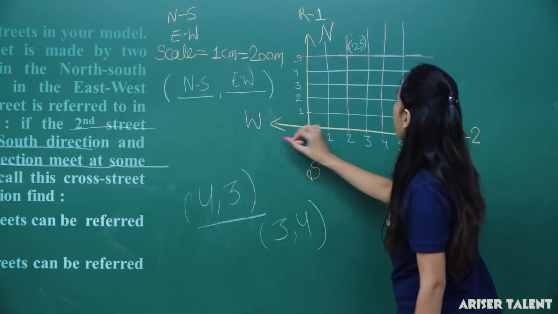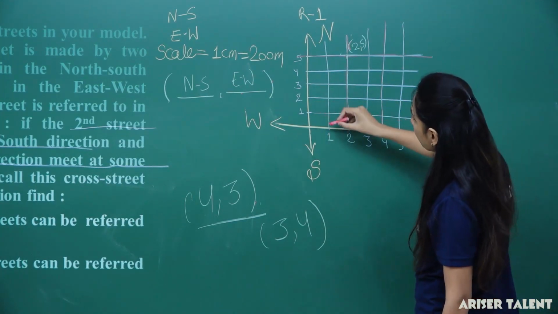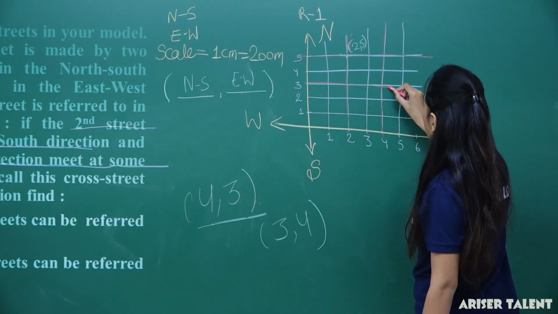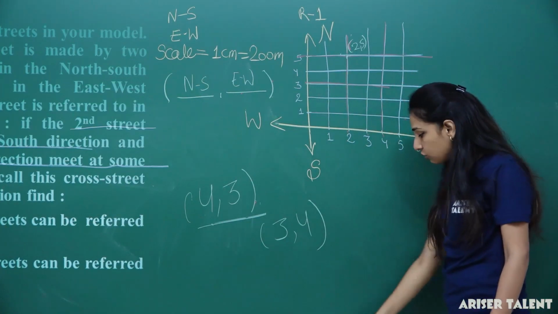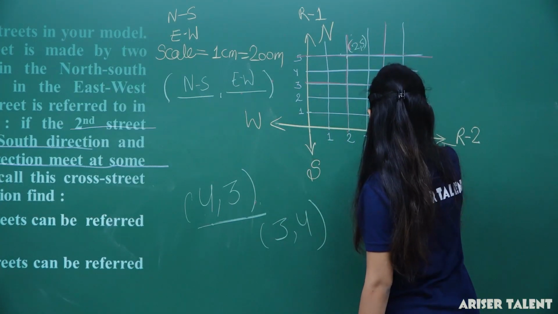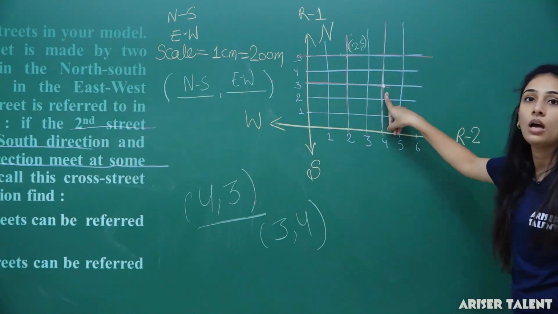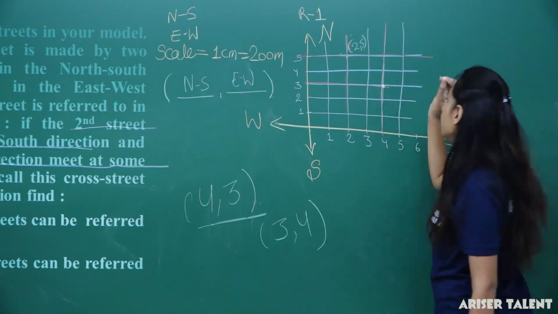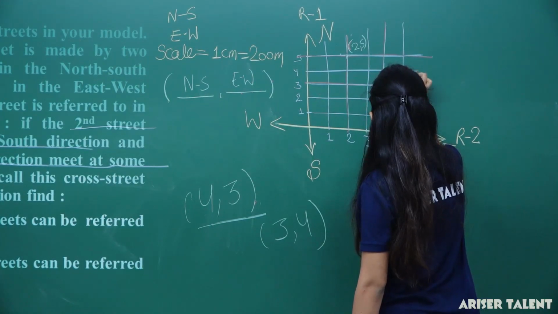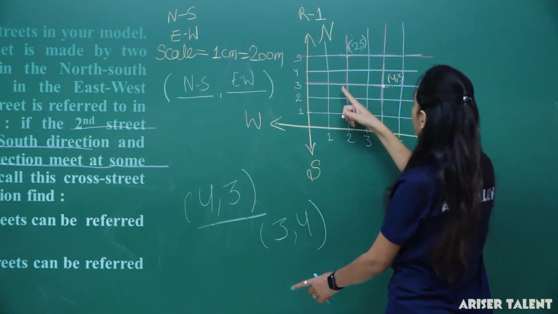East-west is this, and parallel to this are the streets, and I have the 3 number here: 1, 2, 3. If I cross these two, I have only one point common here, no other than that. That means it is unique, that is 4, 3, and there is no other way for this.